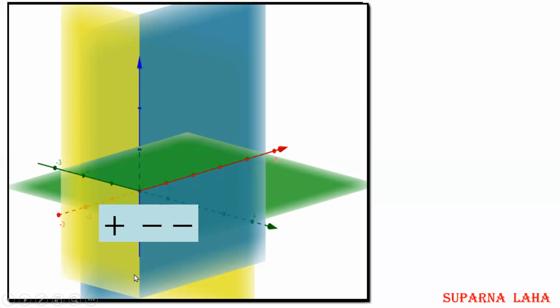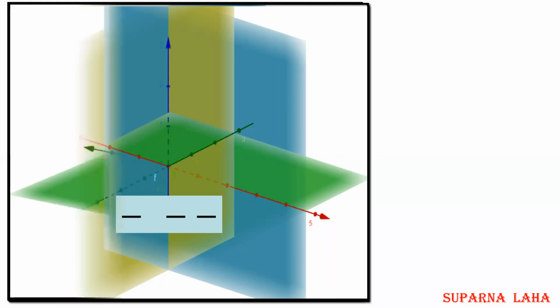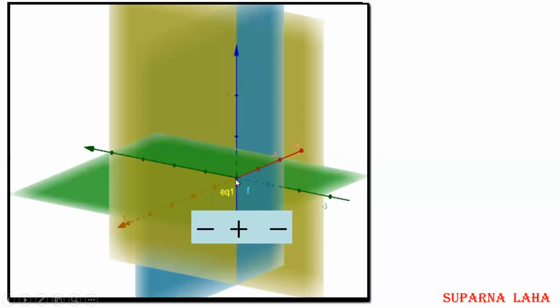Next chamber: x negative, y negative, and z negative, so all 3 coordinates are negative. Next chamber: x negative, y positive, z negative. These are the 8 octants and their signs.